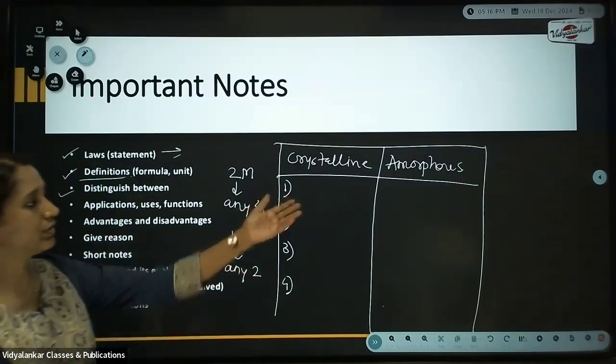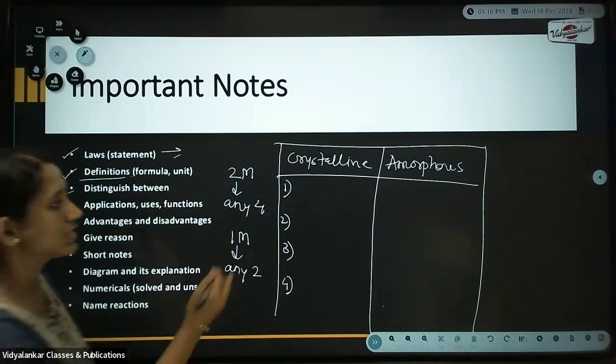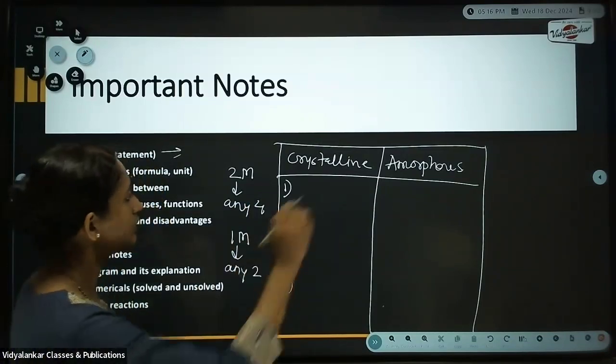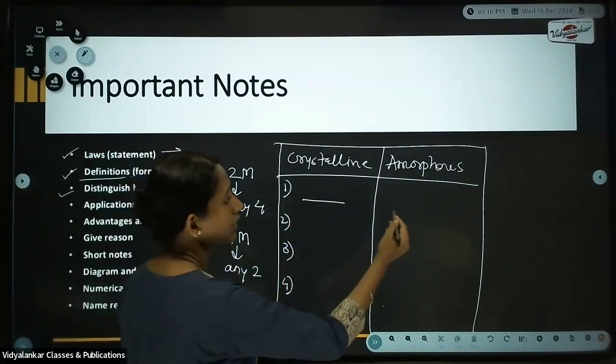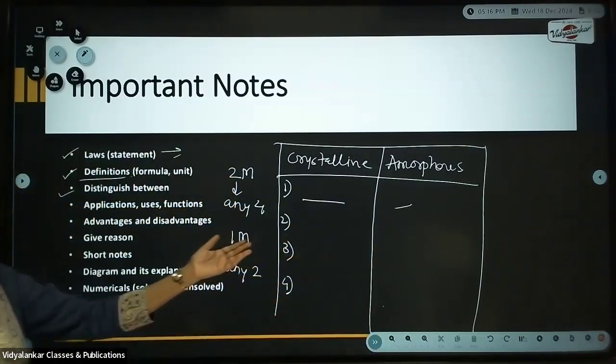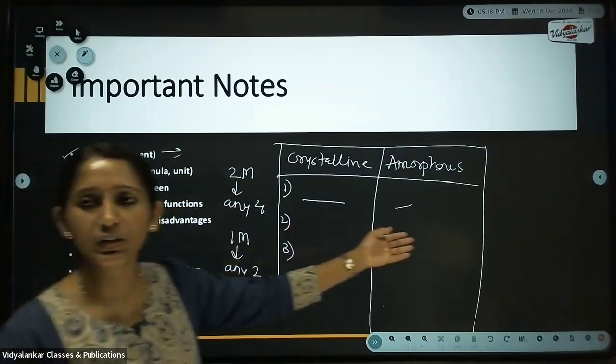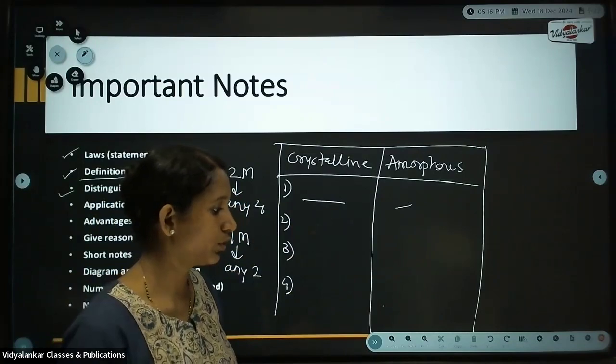Fine. Crystalline and amorphous are very easy to distinguish from the syllabus. Here the pattern is regular, here it is irregular. Second, these have a sharp melting point, these do not have a sharp melting point.